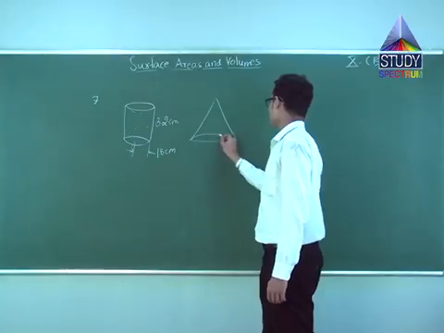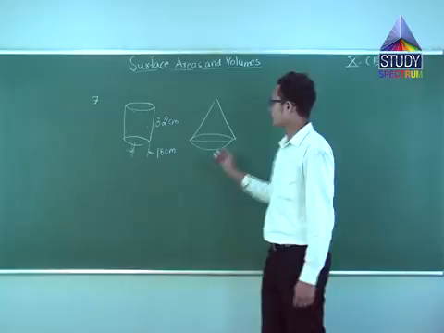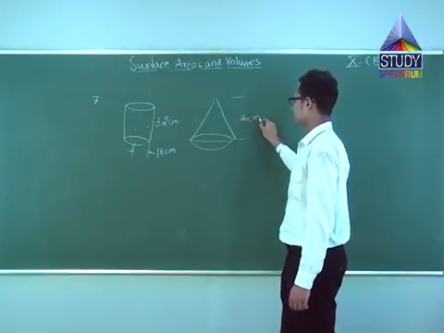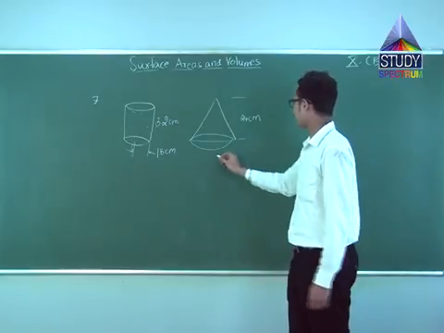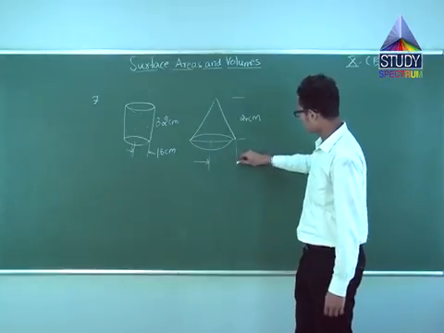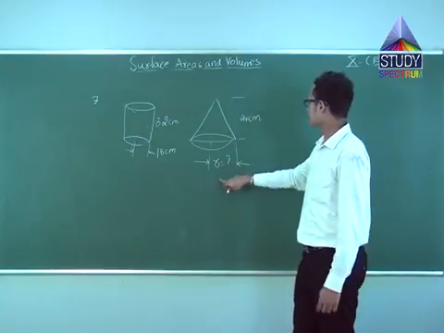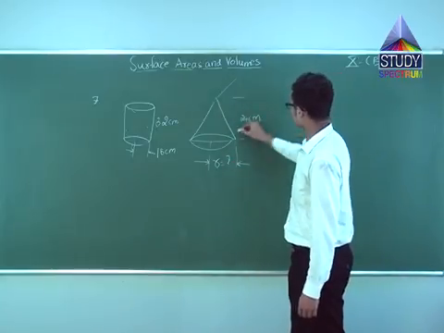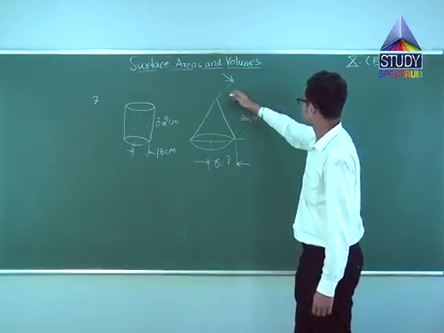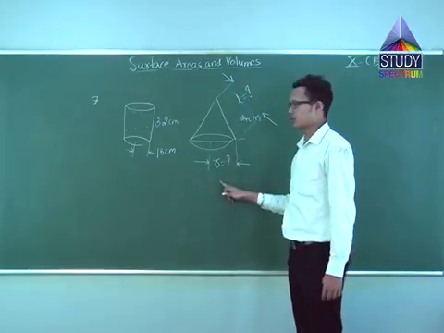It has dimensions like this, of 24 centimeters as height, and we have to find out the radius r and the slant length L. L and R are the question marks.